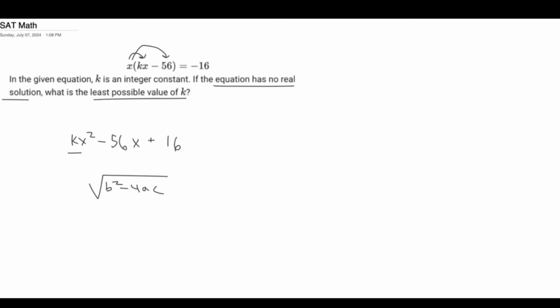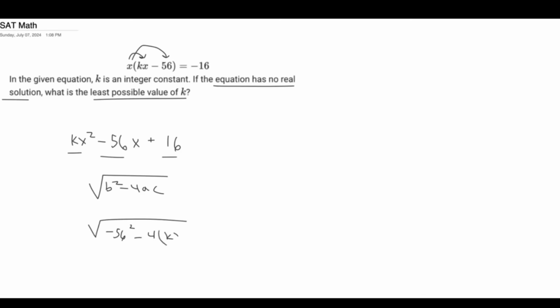Therefore, now that we have the values, we should just plug it in. So in our case, we know what b is. Our b value is negative 56. So negative 56 squared. And then we're going to have our c value, which is 16. Our a value is k.